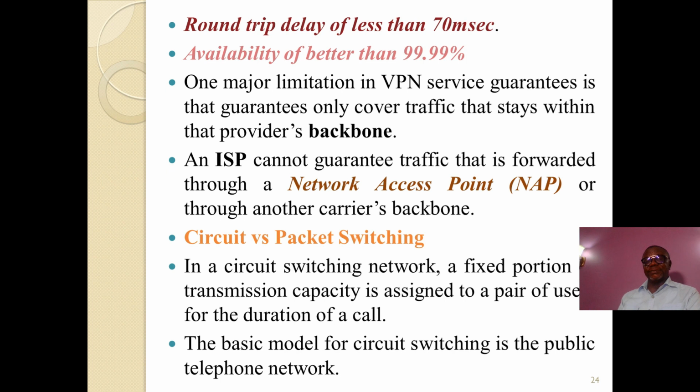Just like we've seen in that diagram, a circuit is established between the two users, and while the two users communicate, that pair of circuits will not be available to any other person to use. The basic model for circuit switching is the public telephone network.